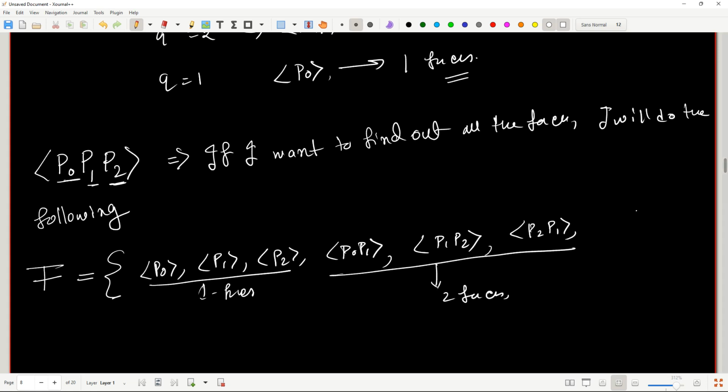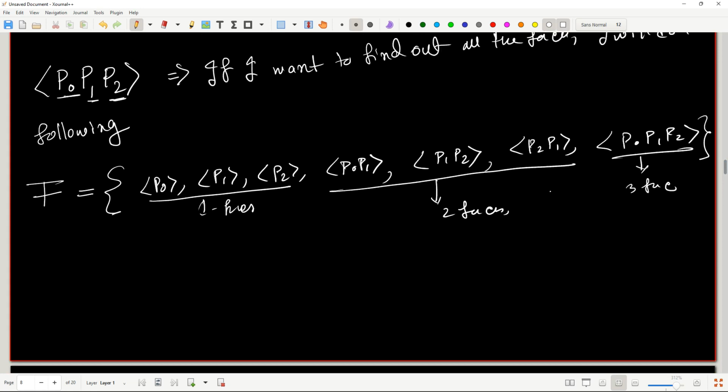And if I want to talk about a 3 face, then I have to take all these 3 points, which is just the simplex itself, P0, P1, P2, right? So 3 face. From here you can easily see that these 3 points give me a triangle like this, P0, P1, P2.